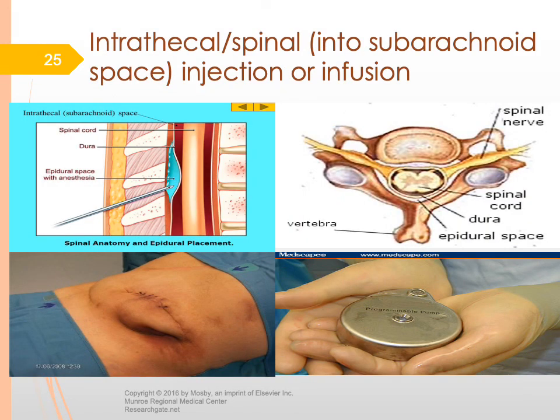Okay, this is an example of, just going to briefly look at intrathecal or spinal injections and infusions. This is where the medication or anesthetic goes into the area, into the cerebrospinal fluid that surrounds the spinal cord, and where you see the bulging in the blue area, this is an example of epidural anesthesia in the space there.